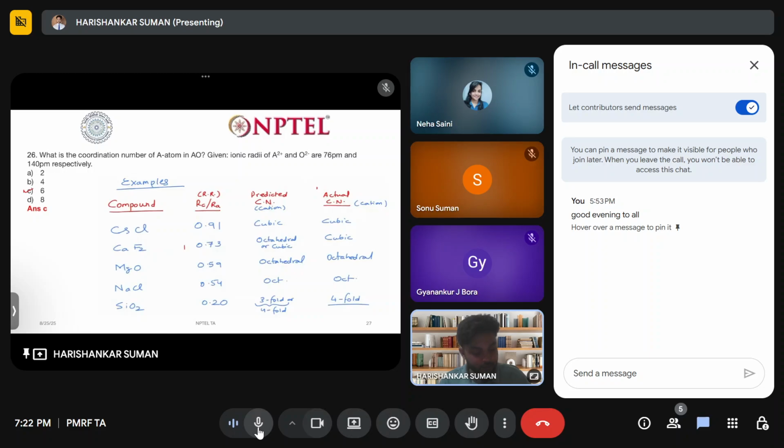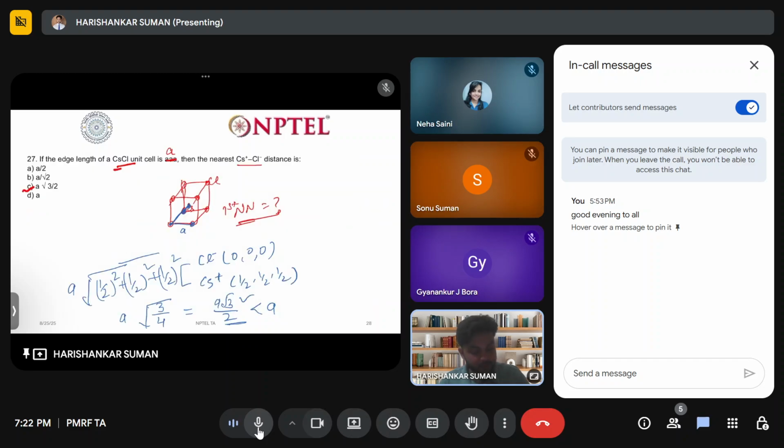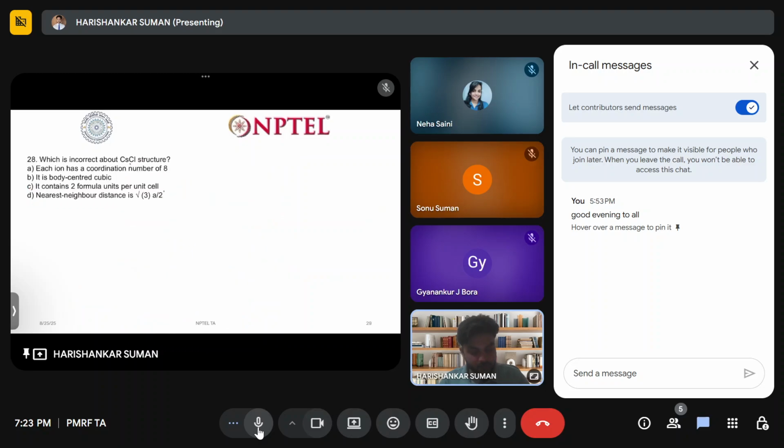Again, it is the ratio, and for the CsCl structure you have to calculate the nearest neighbor distance, as we discussed, and the incorrect statement.